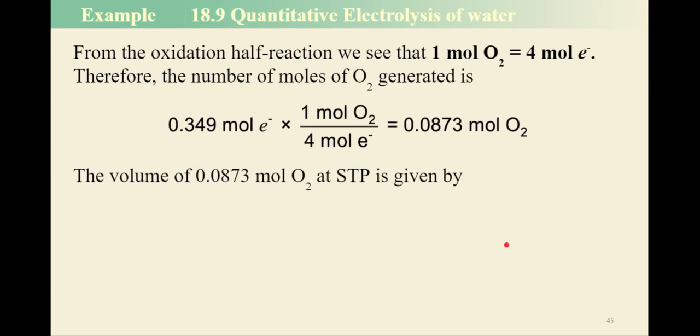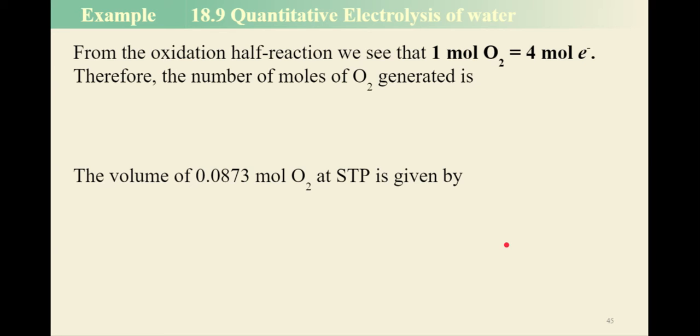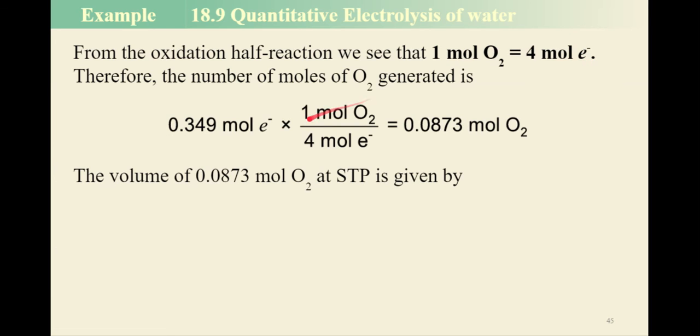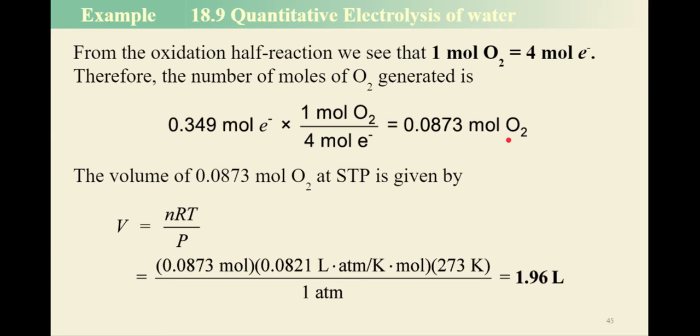Now we're trying to figure out what's our volume of oxygen. So keeping in mind that 1 mole of oxygen took 4 moles of electrons, then we have our conversion factor, 4 moles of electrons to 1 mole of oxygen, and we get 0.0873 moles of oxygen. And at this point, we have the ideal gas law.